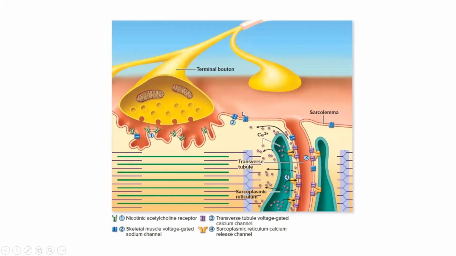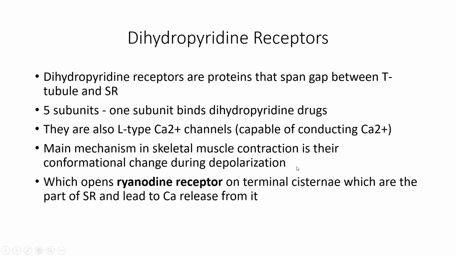And when the depolarization phase reaches this specific area of the sarcolemma, a lot of channels can activate on it. Here we have some dihydropyridine receptors. What are these dihydropyridine receptors? They are proteins that span the gap between the T tubules and the sarcoplasmic reticulum.